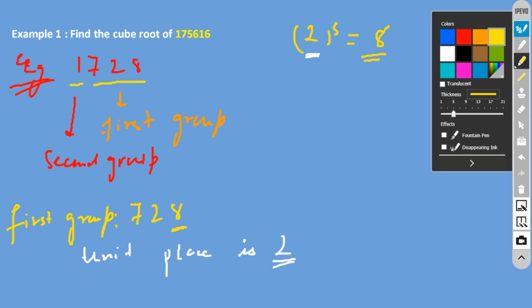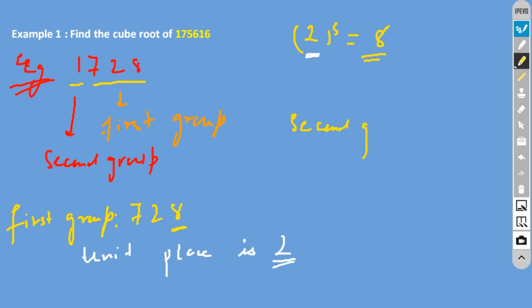Now the second group is 1. We have to find the nearest cube to 1. The nearest cube of 1 is 1 itself.